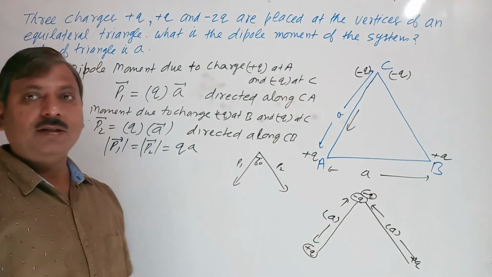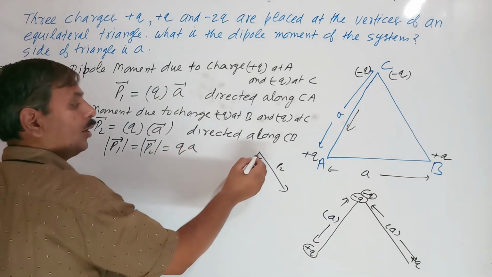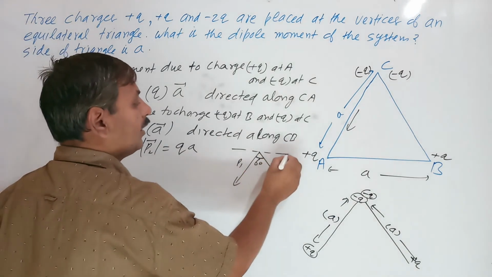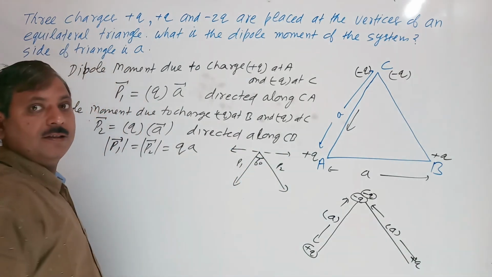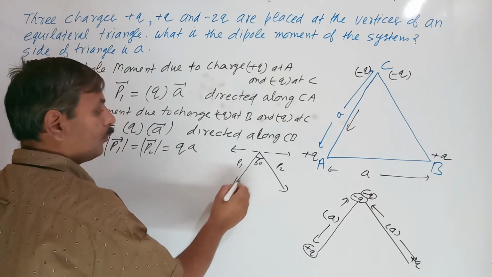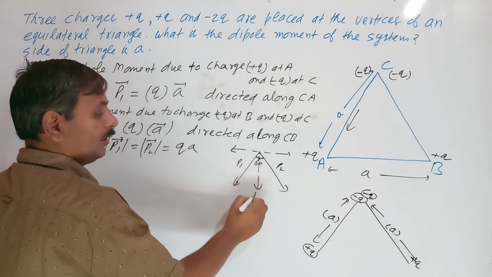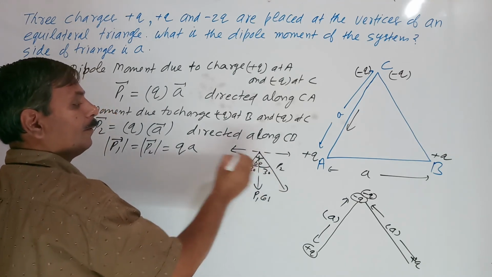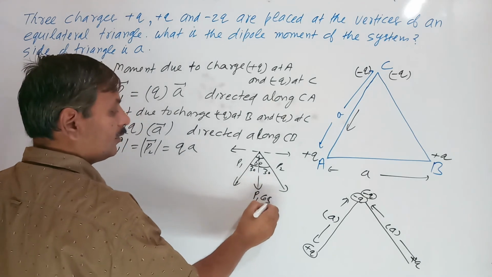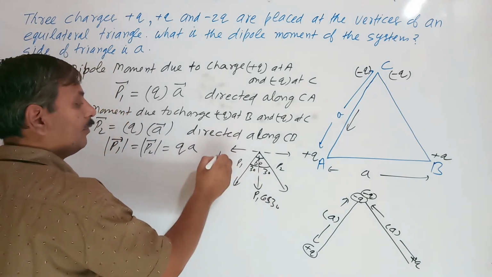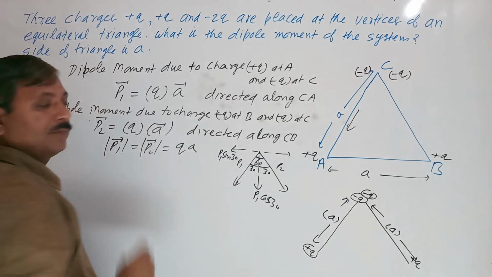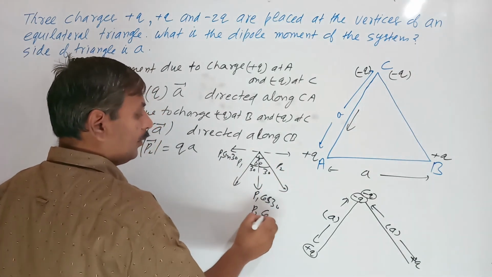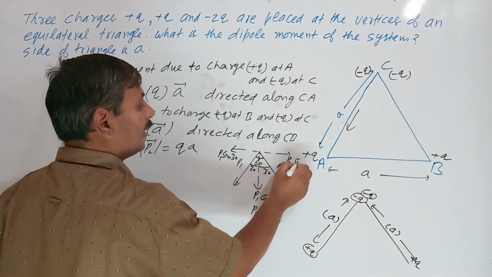The resultant of two vectors both having the same magnitude QA with the angle between them 60. If you break them into components, P1 has two components: P1 cos 30 and P1 sin 30. Same way P2 has two components, P2 cos 30 and P2 sin 30.